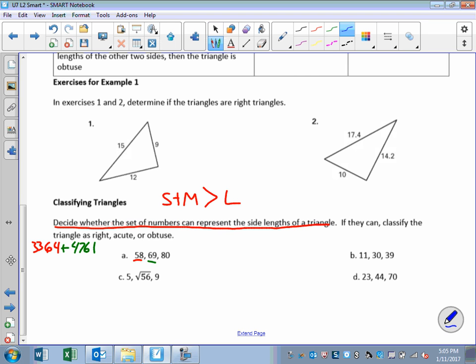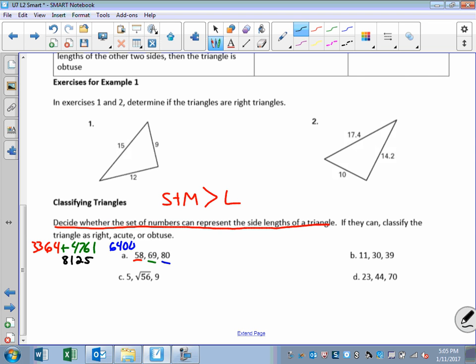And then 80 squared, in blue, is going to be 6,400. Now when we add the legs together, we get 8,125.